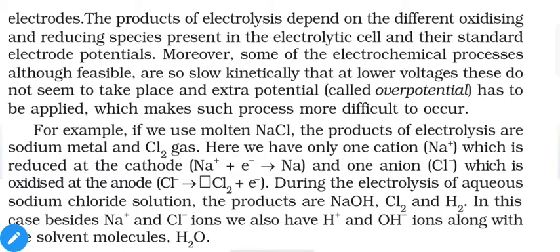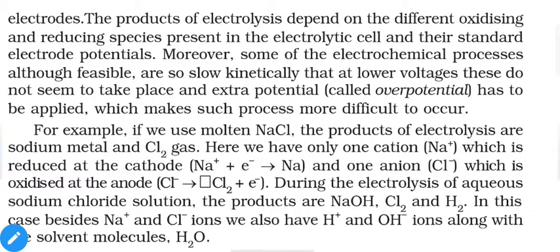Moreover, some electrochemical processes, although feasible, are slow kinetically, and at a lower voltage these do not seem to take place. An extra potential has to be applied, called overpotential, which makes such processes more difficult to occur.